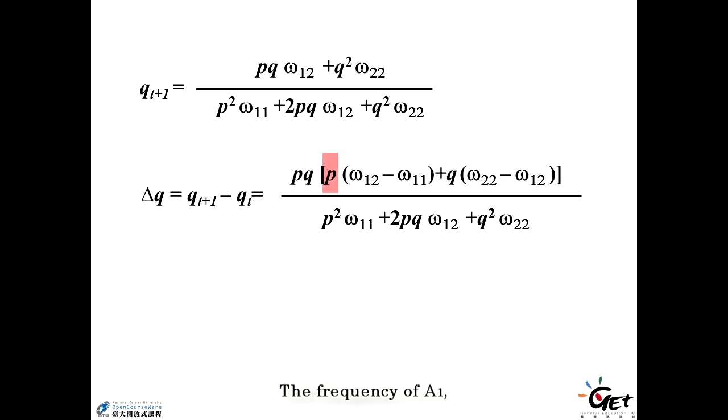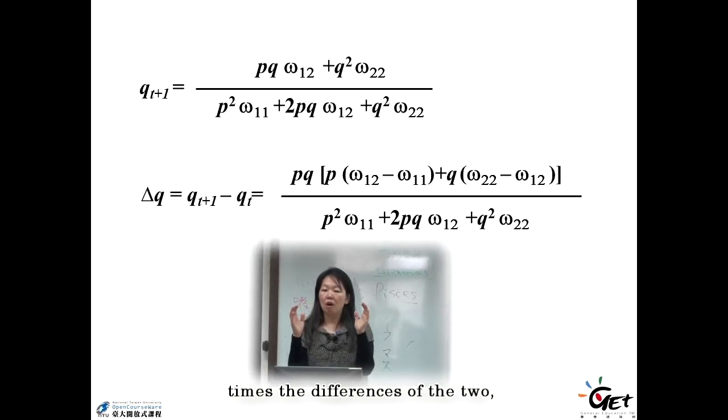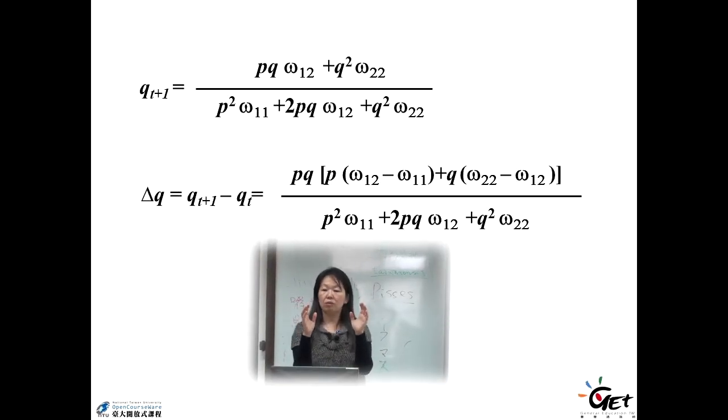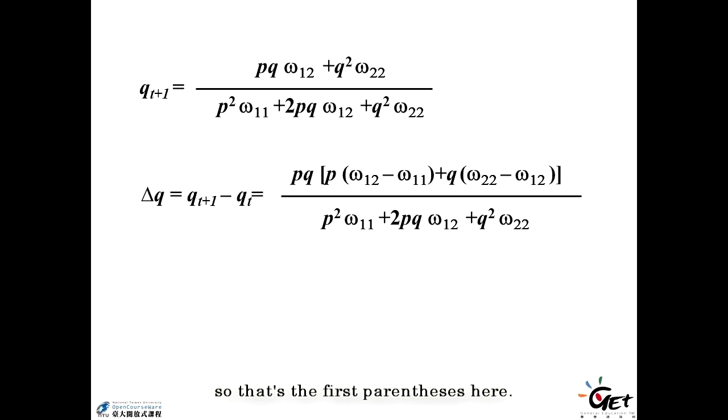The frequency of A1, the initial frequency of A1, that's P, times the difference between the homozygous A1 and the heterozygous fitness. That's the first parenthesis, the difference in their relative fitness.